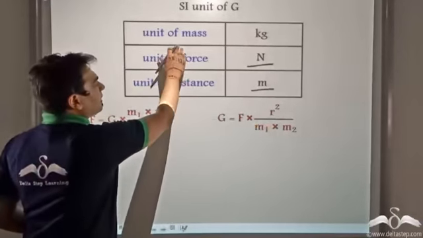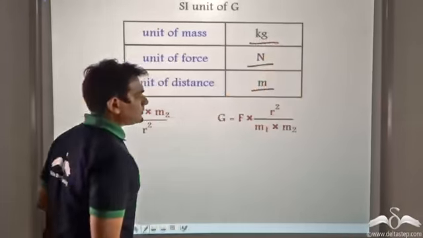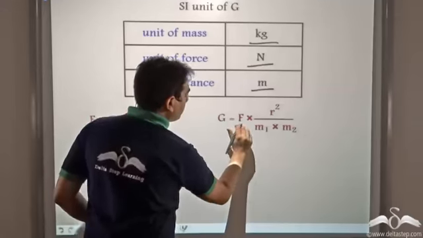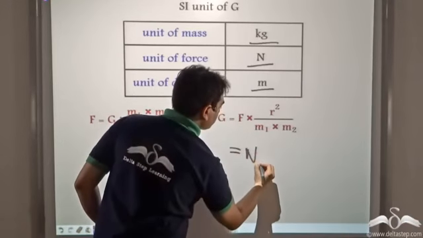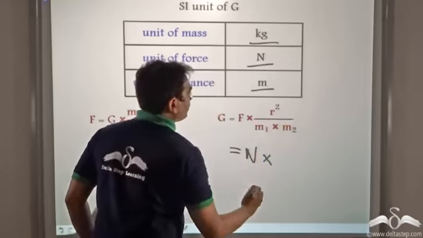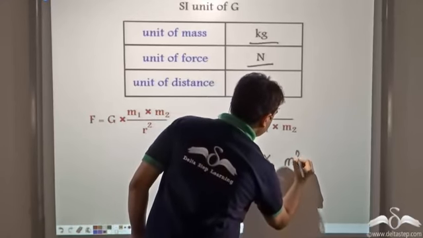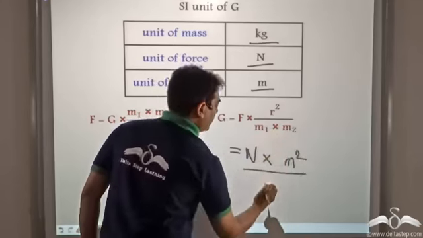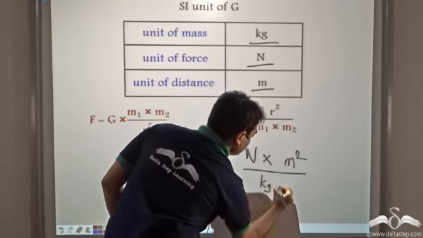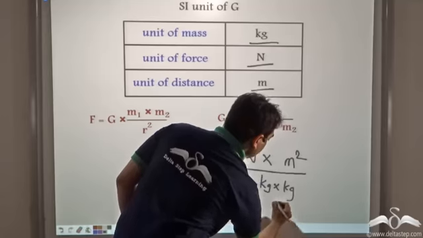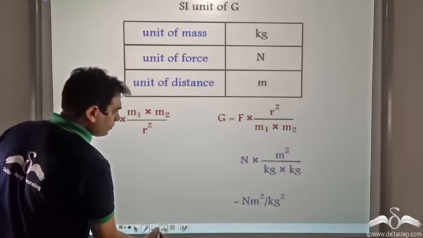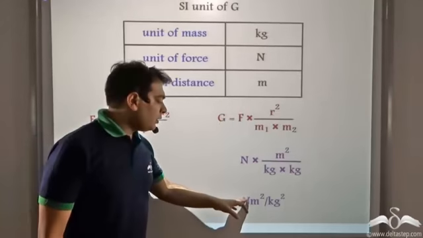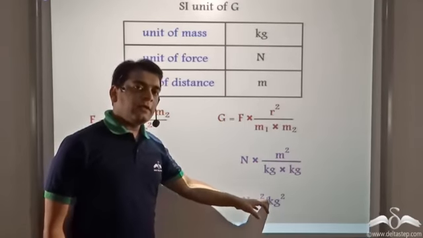And the SI unit of mass is kg. So, the SI unit of G would be equal to Newton into r square, which would be meter square, divided by mass into mass. That would be kg into kg. So, the SI unit of G is given as Newton meter square divided by kg square.